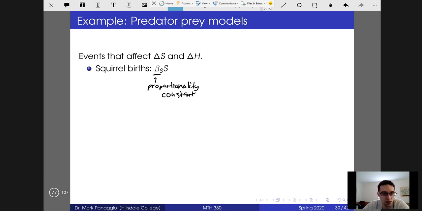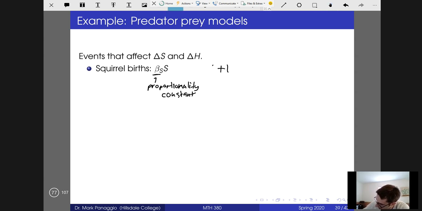And you can think of that as the birth rate. How many births would we expect to have each unit of time for a given squirrel, right? Presumably it's going to be some relatively small number if our units of time are days, but if we're looking at years, potentially we could have many offspring for each squirrel.